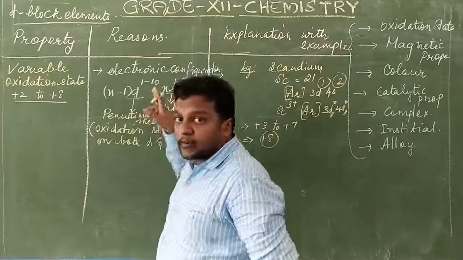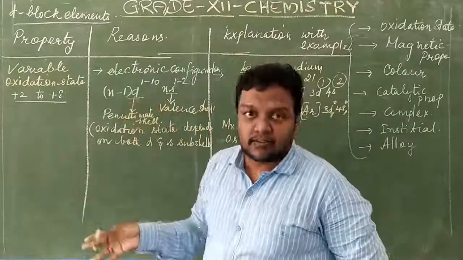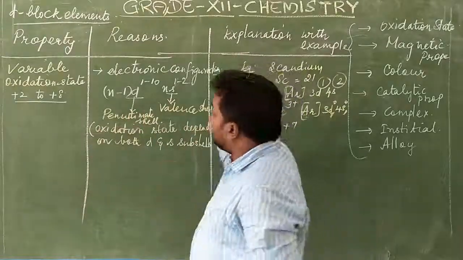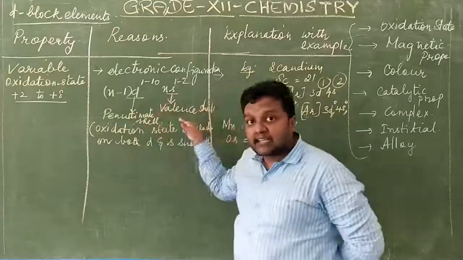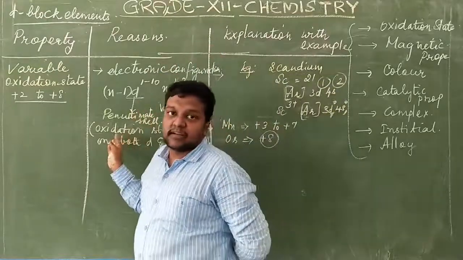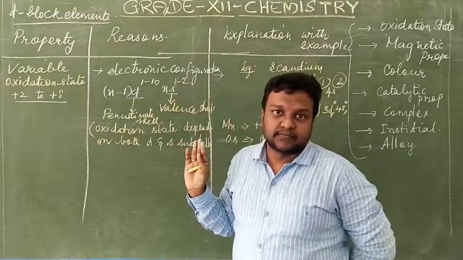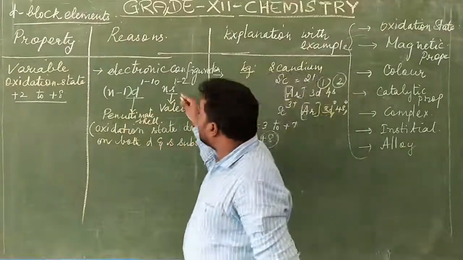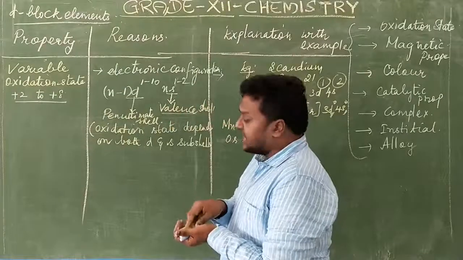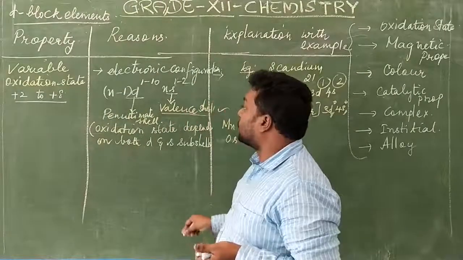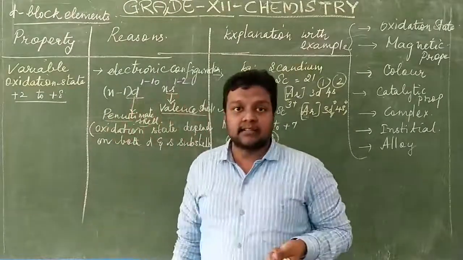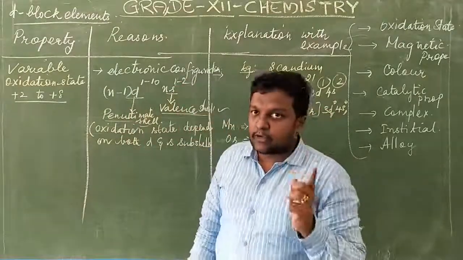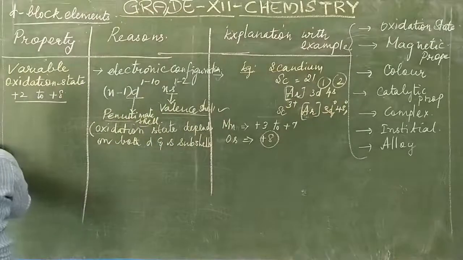In order to attain its oxidation state, electrons are removed from the s orbital of the valence shell, and electrons are also removed from the penultimate shell. This is the characteristic feature of only the d block elements. Keep this in mind for variable oxidation state.